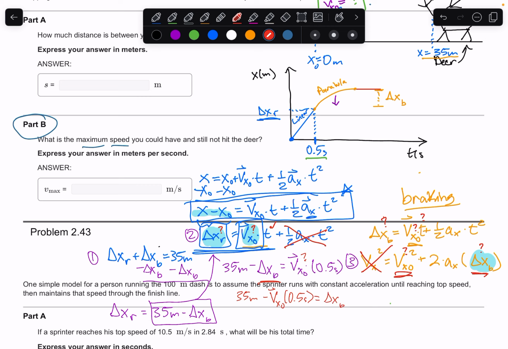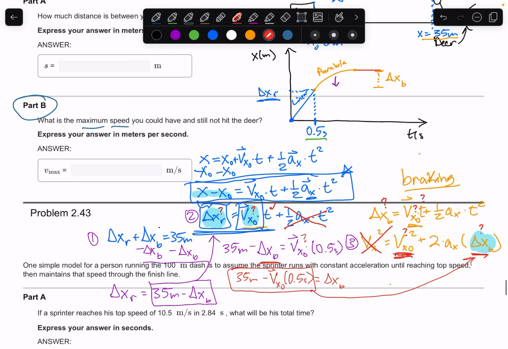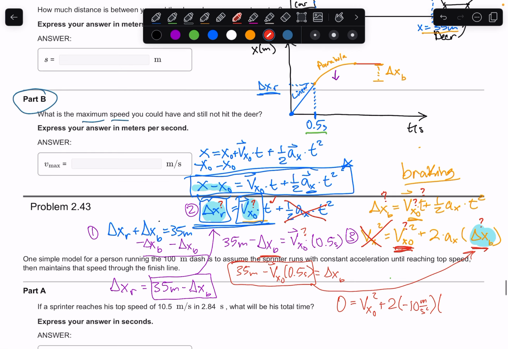And so now this, we can make our final substitution, and I can solve for Vx initial. So 0 equals Vx initial squared plus 2 times our acceleration, which we know to be negative 10, and then times delta x b, which is all of that over there.